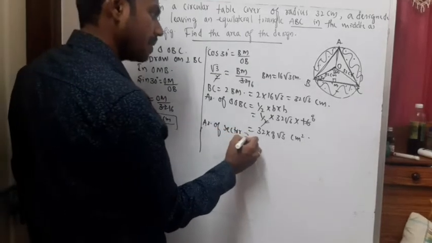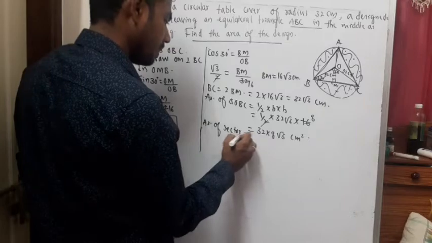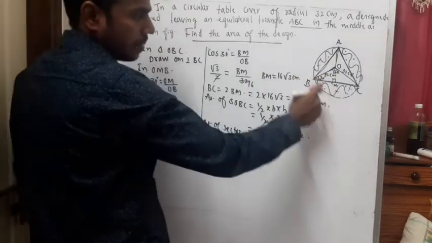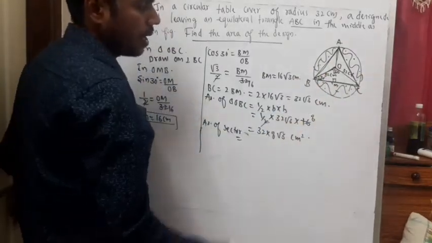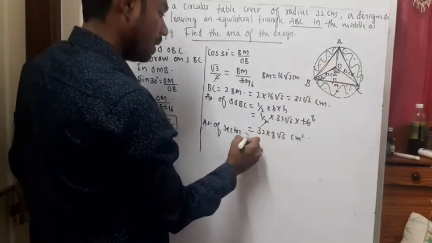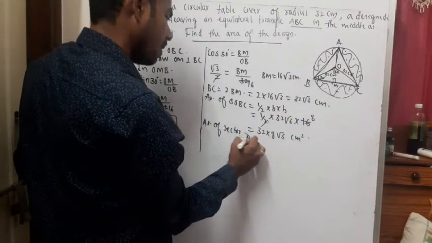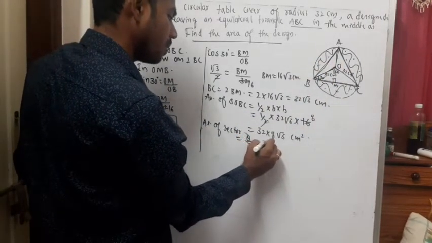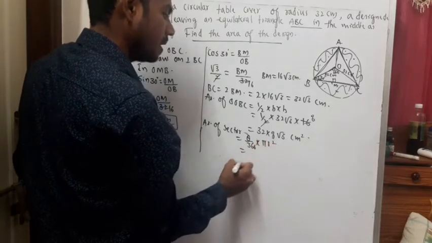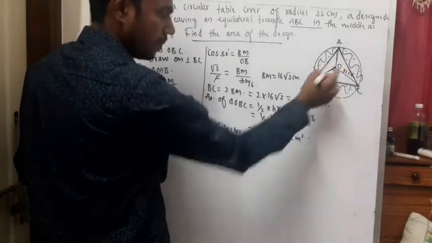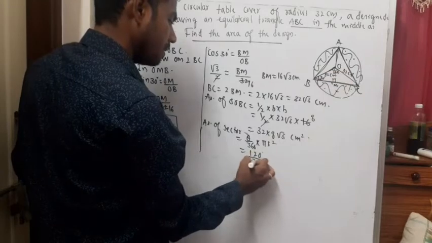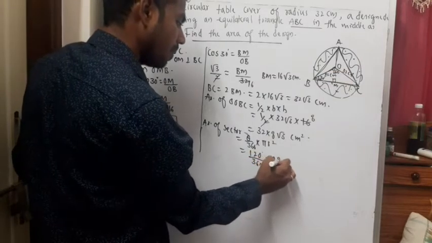Now the area of sector OBC is equal to theta divided by 360 into pi r square. Theta is 120, so 120 divided by 360 into 22 divided by 7.